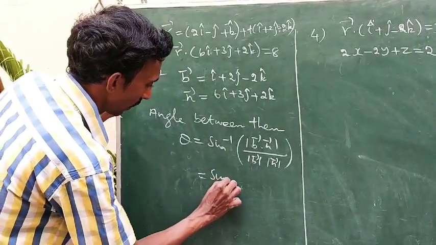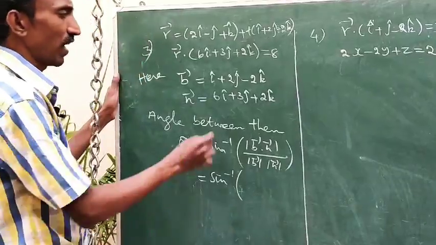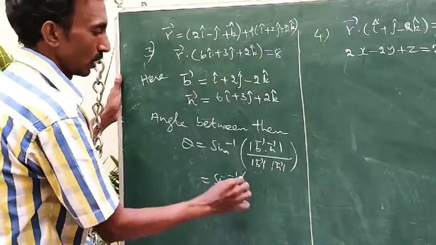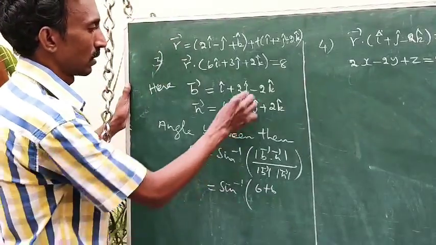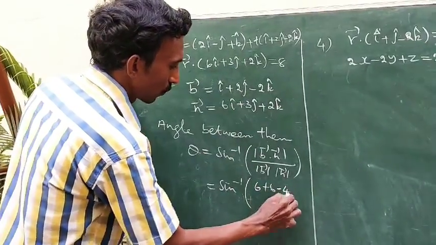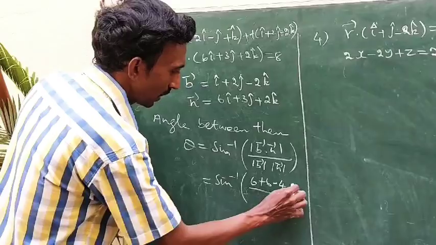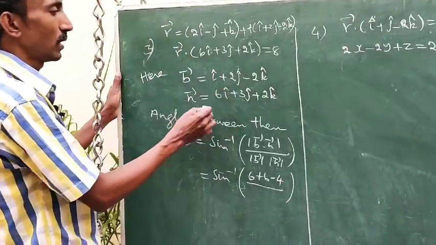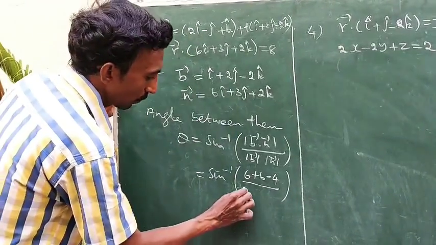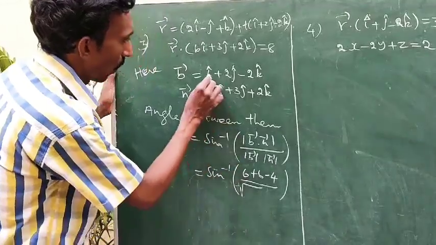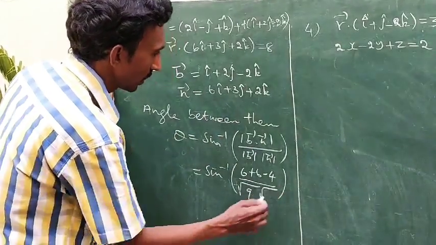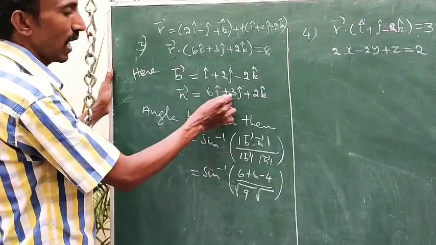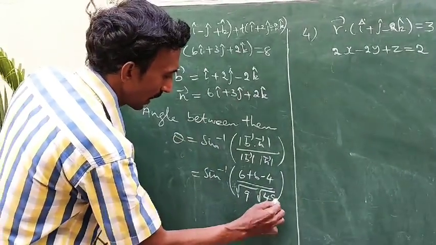So sine inverse of, just to find out the dot product of the two, 6 plus 6 minus 4, by, what is the magnitude of b? So root of 1 plus 4 plus 4, so 9, into root of 36 plus 9 plus 4, 49.